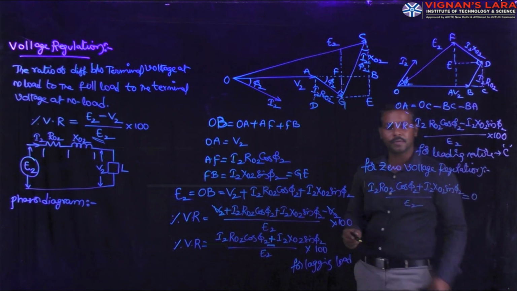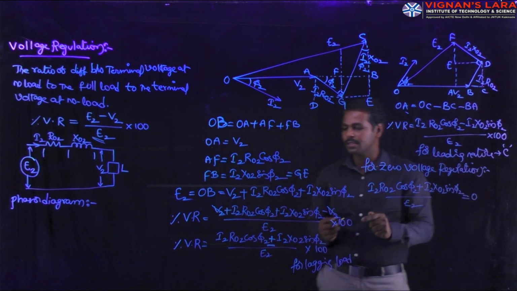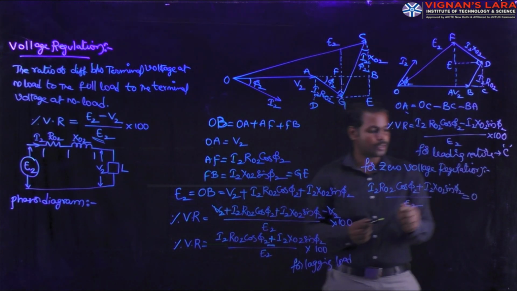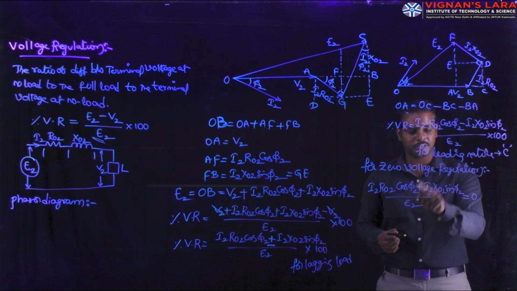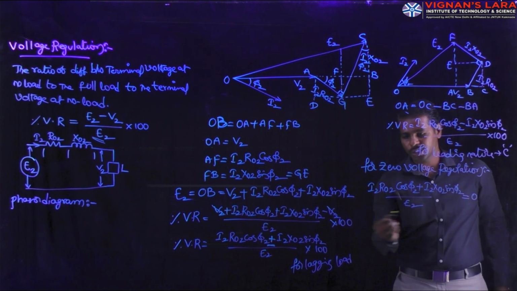Because we are considering the voltage regulation to be 0, at what conditions the voltage regulation must be 0 is to be calculated. That's why this equation is to be equal to 0. So denominator into 0 is equal to 0.